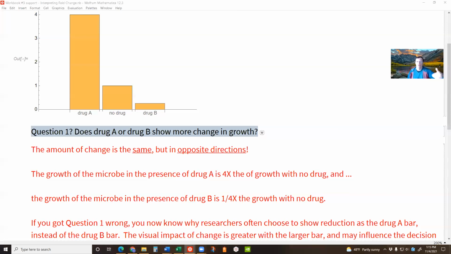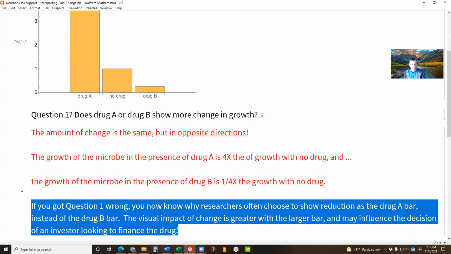Okay. And so here's why I'm doing this. Remember, our original question was, why would anybody show a growth reduction as a positive value? Why would any reasonable person do that? Here's how I would answer that question.